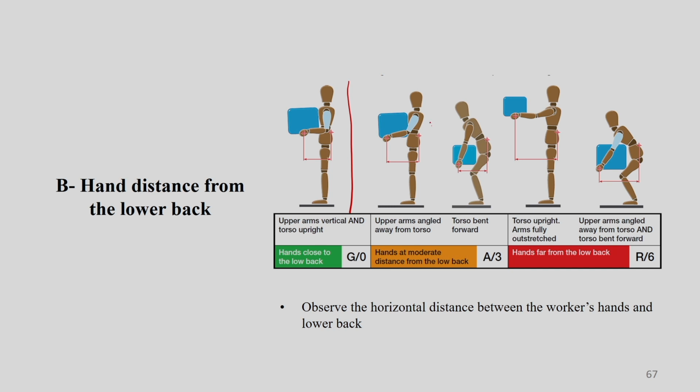So, representing this figure or this figure. Also, hands at moderate distance from the lower back. Now, how do you define this moderate distance? Now, these are experience-based. As you keep on practicing, you will understand what you can say is moderate or which one you can say is lower.